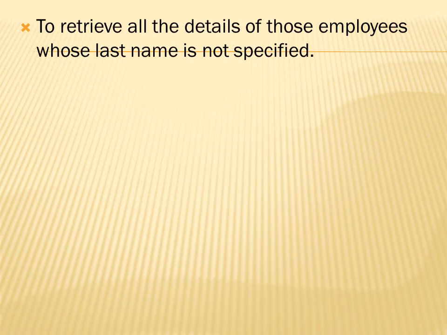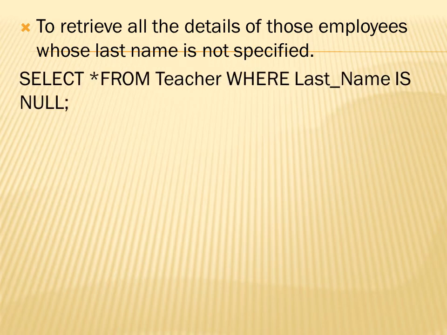Okay, next, to retrieve all the details of those employees whose last name is not specified. Now you have to find the details of the teachers whose last name is not specified, that is, whether it is null or not. So this is the query. Select star from teacher where last name is null.